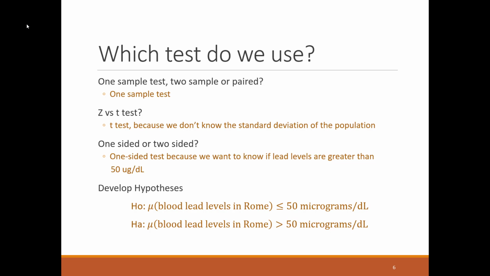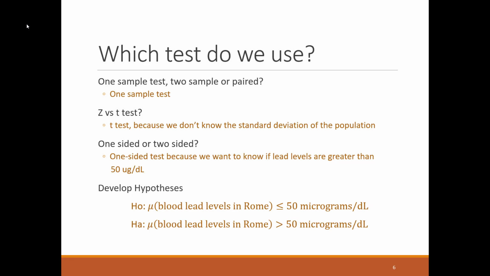And then finally, we need to develop our null and alternative hypotheses. So the null in this case will be the population mean, and we always talk in our hypotheses about the population, not the sample. The population mean of blood lead levels in Rome is less than or equal to 50 micrograms per deciliter.